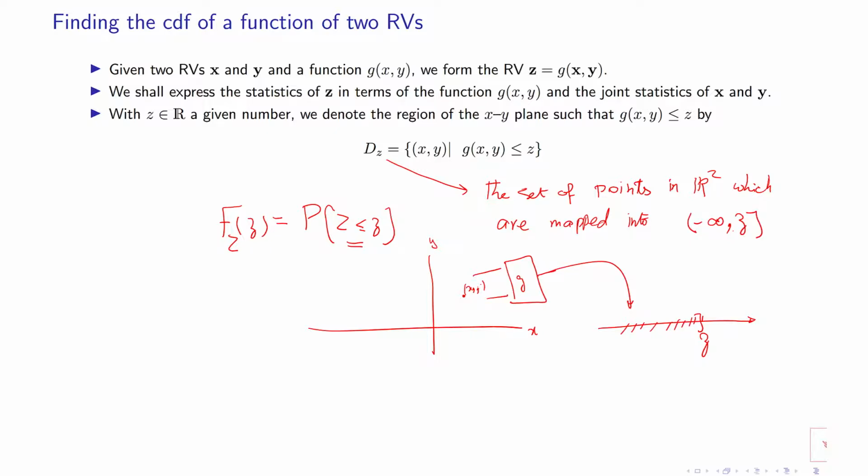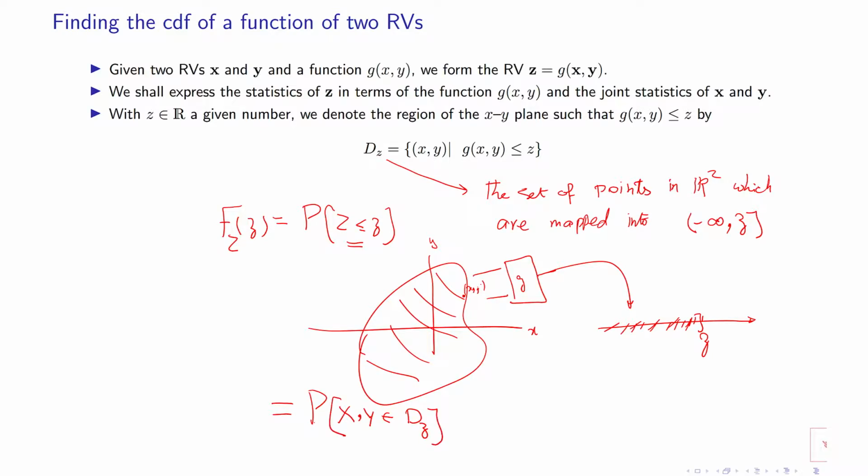If you want to measure the probability of this event, we have to measure the probability of this set which is mapped onto this interval. So D_z is this set of points. So this probability F_Z of z is equal to the probability that the random pair x and y falls into D_z.